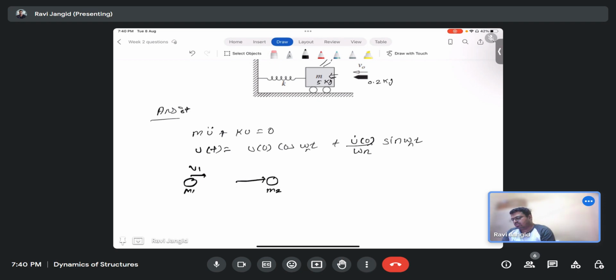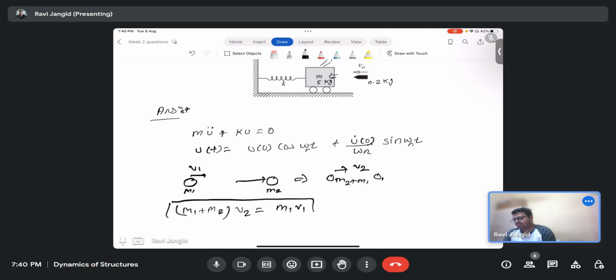Both the masses, m2 plus m1, will start moving with some velocity v2. So what is my momentum equation? m1 plus m2 into v2 equals m1 v1.